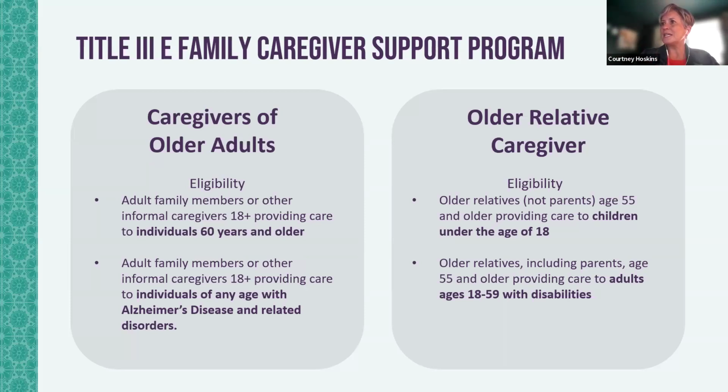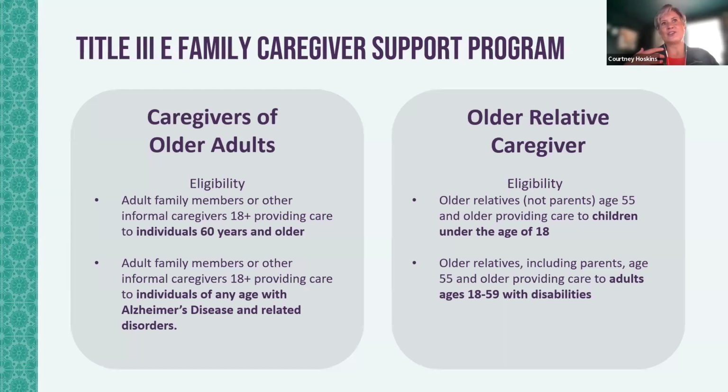So when you see on this slide, the eligibility for caregivers of older adults is it could be anyone over the age of 18 providing care to someone over the age of 60. And then it also delineates a little bit further, and I'll just let you read that. But an older relative caregiver is someone who is providing informal care, and it doesn't have to be a grandparent.